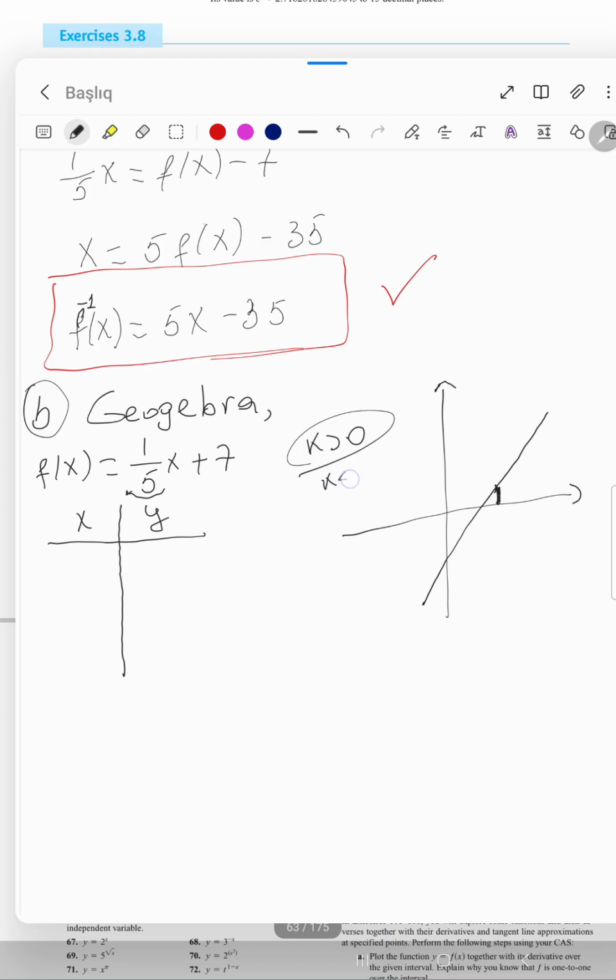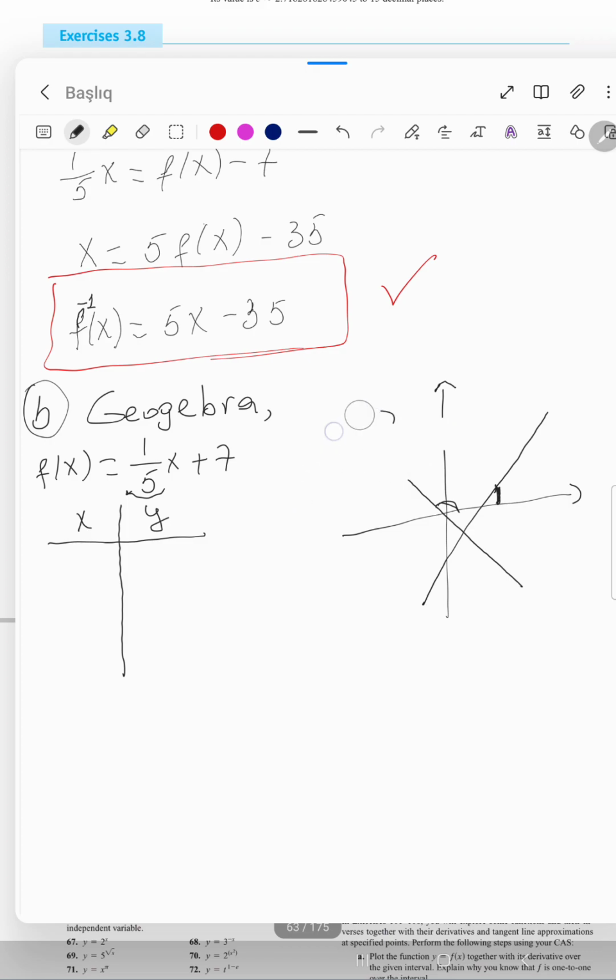But if k is a negative number, then the angle will be greater than 90 degrees. It will be like this. Remember this.